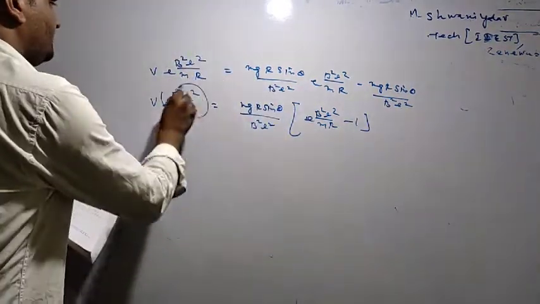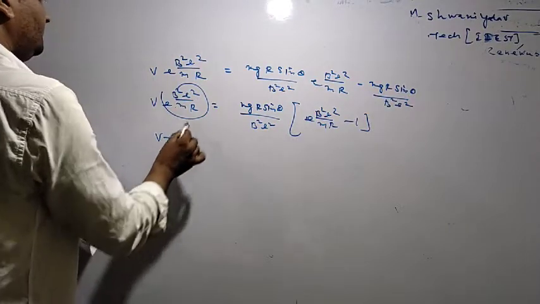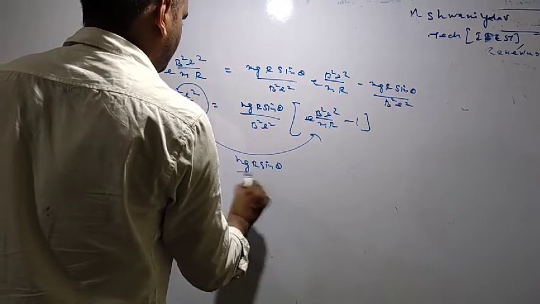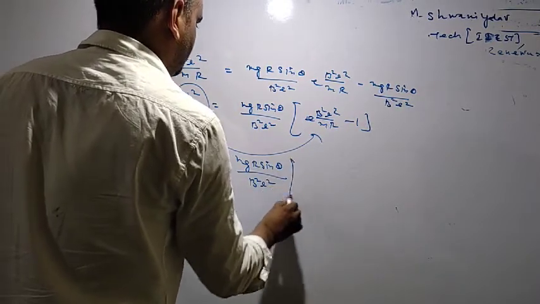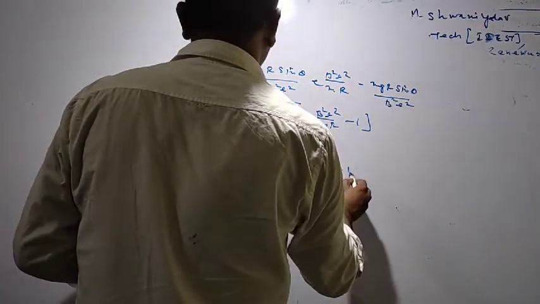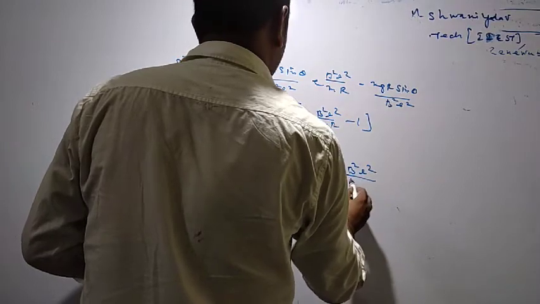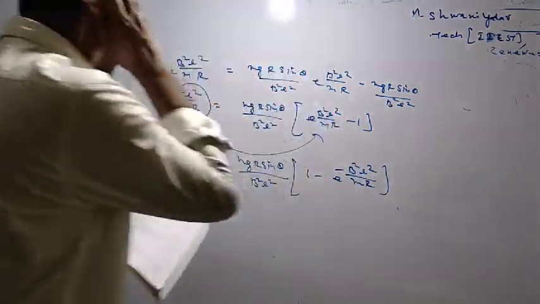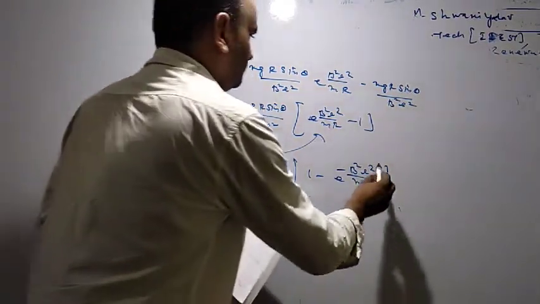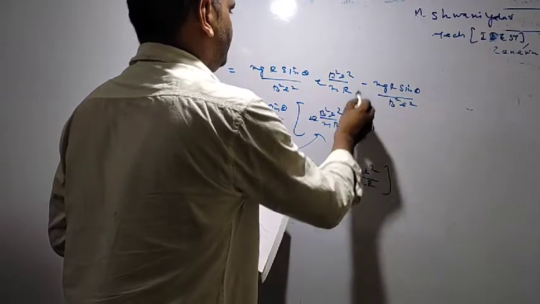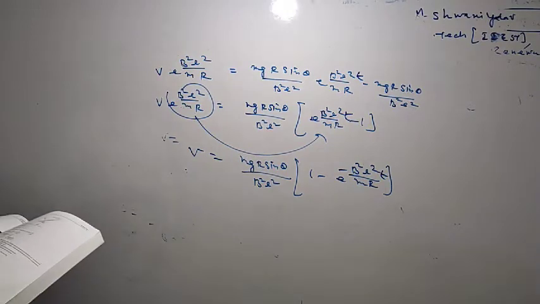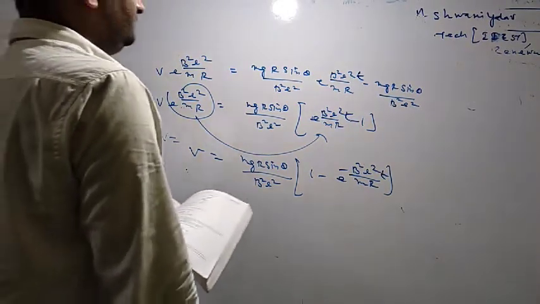So dividing by this exponential, we get v equal to mgR sin theta over B square L square times 1 minus e to the power minus B square L square t by mR. This is your answer, the velocity with time.